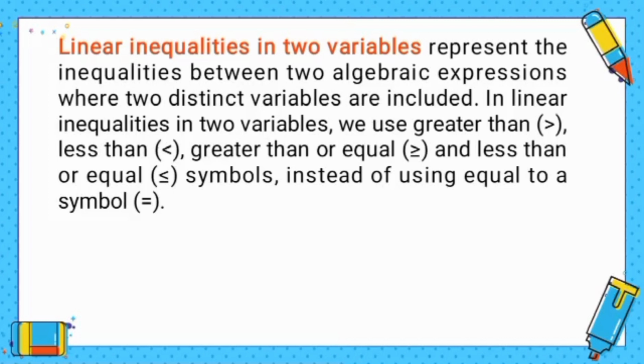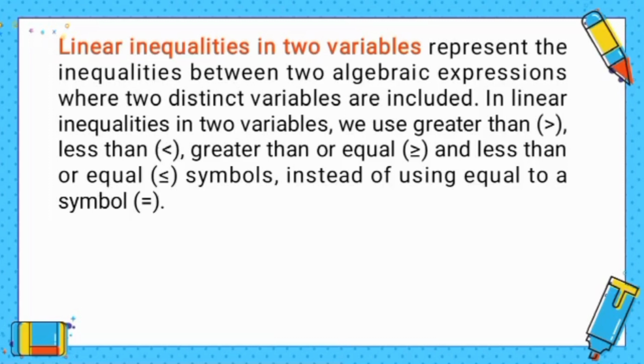In linear inequalities in two variables, we use greater than, less than, greater than or equal, and less than or equal symbols instead of the equal to symbol. The symbols less than and greater than represent strict inequalities, and the symbols less than or equal and greater than or equal represent slack inequalities.